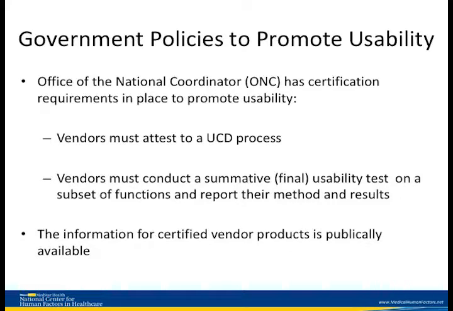So once they've designed their product and they're done with it, they have to run this final usability test, and they have to test a subset of functions and report those results. And for all the vendors that pass, their results are made publicly available. So anybody can go onto the ONC's site and pull the reports for every vendor, every product, and see how they've tested it. Okay, so those are basically the requirements.